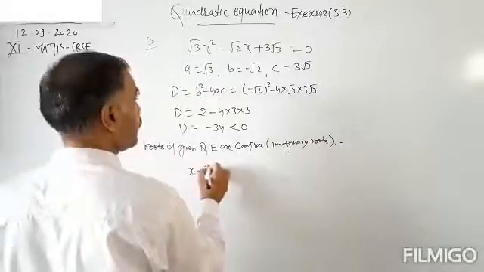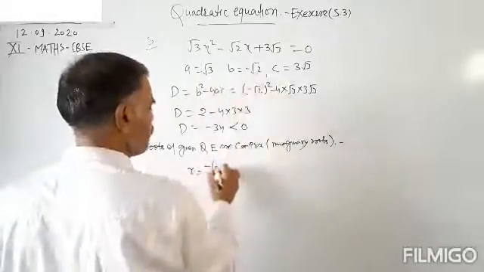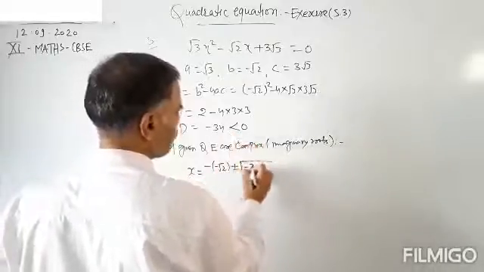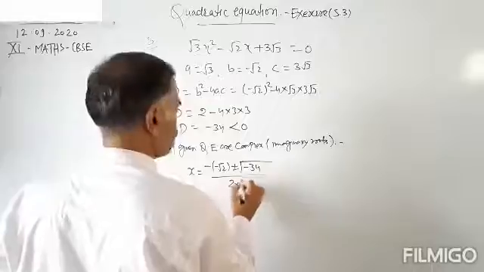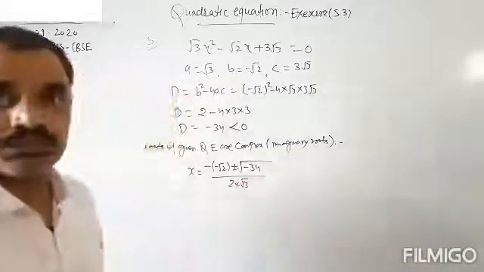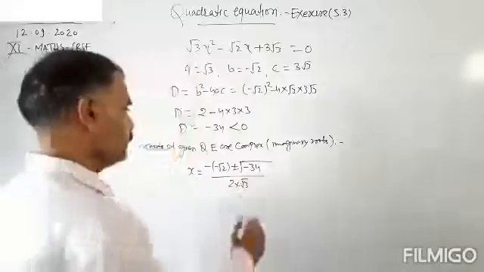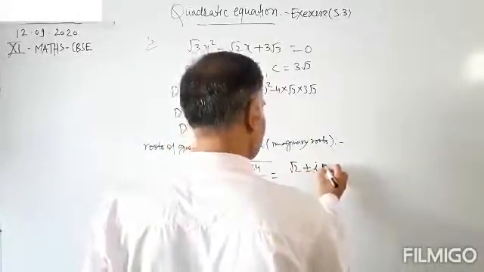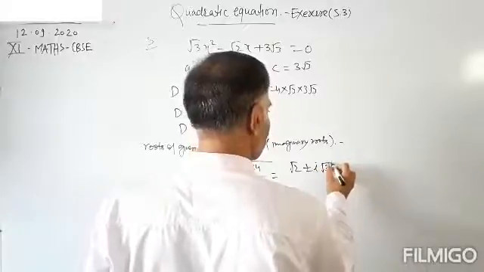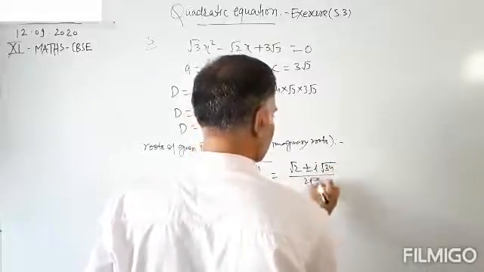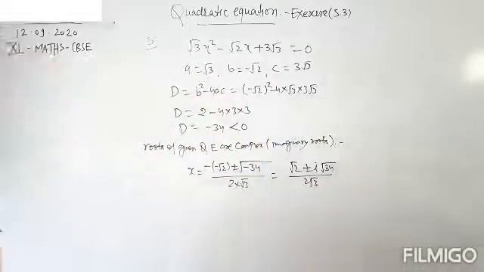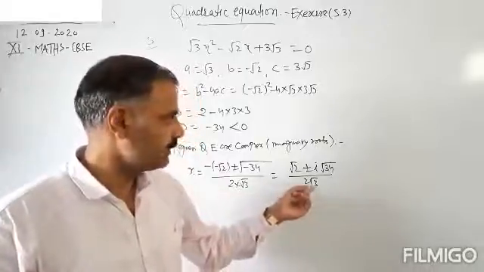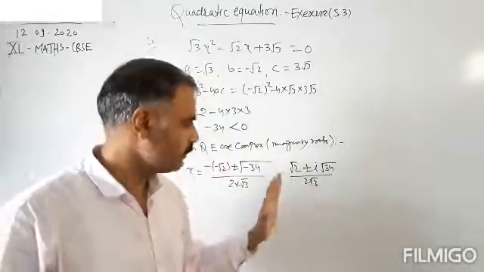x = −b ± √D upon 2a, that is x = (√2 ± √−34) upon 2√3. So this is equal to (√2 ± i√34) upon 2√3. Okay, so this is the answer, but you can rationalize this by multiplying by √3.